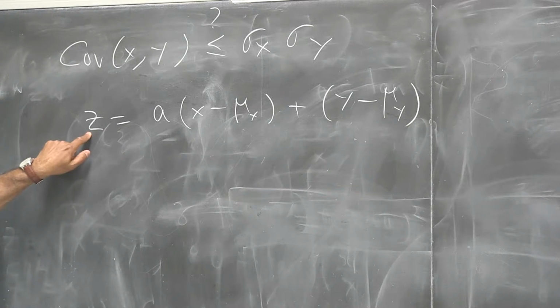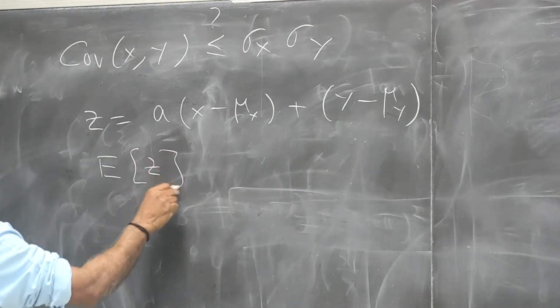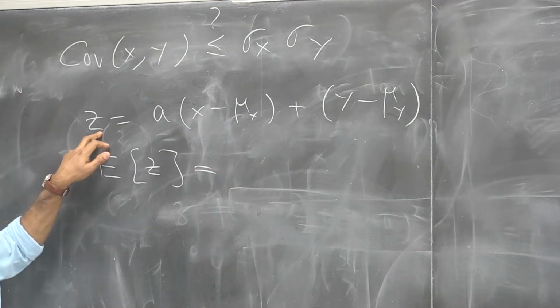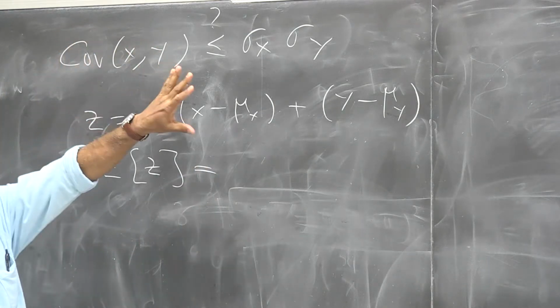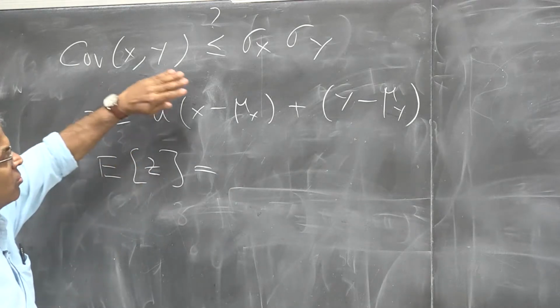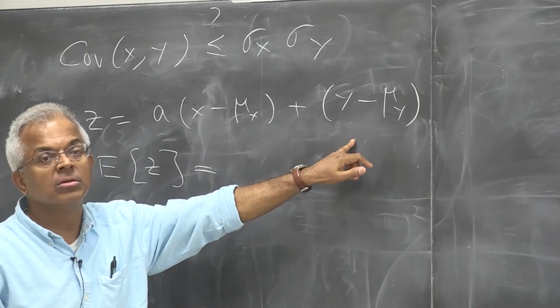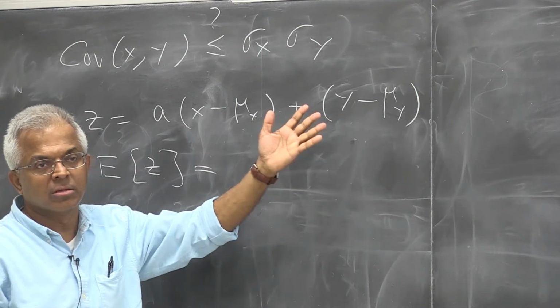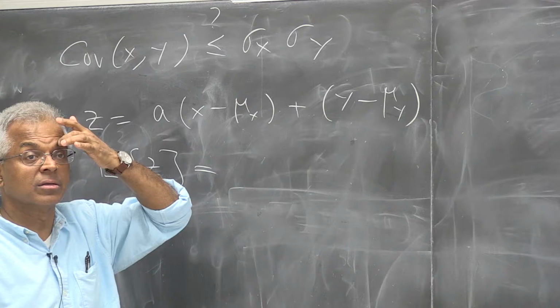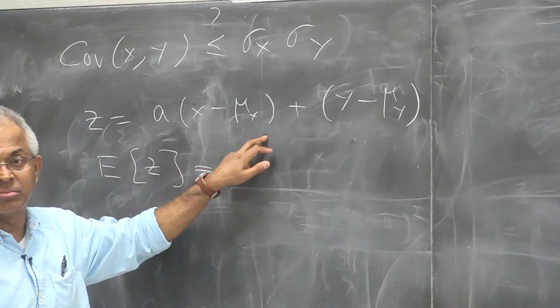What is the mean of this random variable z? Anybody? Is the mean on the right side? Expectation is the sum of the expectations. So what is the expectation of this term plus the expectation of this term?